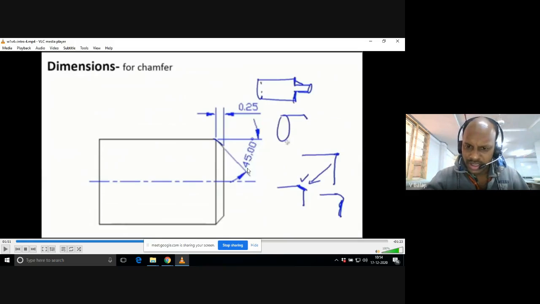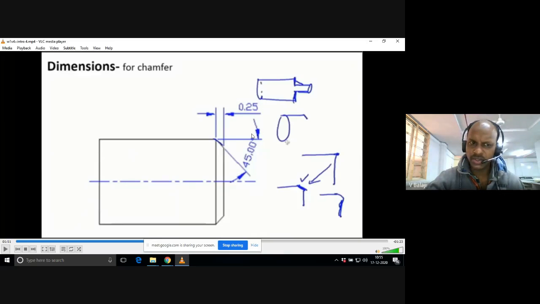So suppose there is an angle 45 degrees. How to put the value? If there is a small space to insert the value, you can draw one arc like this, put the arrow marks inside, and in between that you can write the 45 degrees. And suppose for a linear dimension, if you don't have sufficient space, you can show arrows facing towards each other, and you can place the value outside the horizontal line.